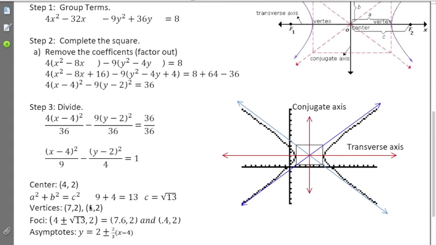From knowing A and B, because we know that A squared plus B squared equals C squared, I can find C. If you remember, the only thing I need to graph any of these is the center, my A, and my B. If I have those pieces, then graphing these or writing their equations, piece of cake. Just make sure that you know how they're all connected together.